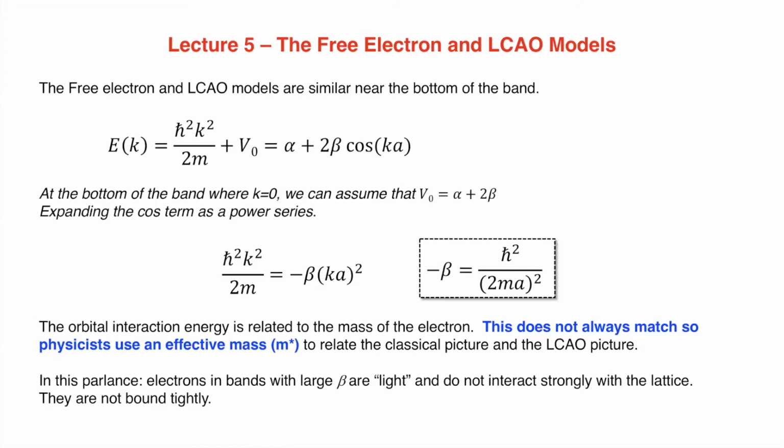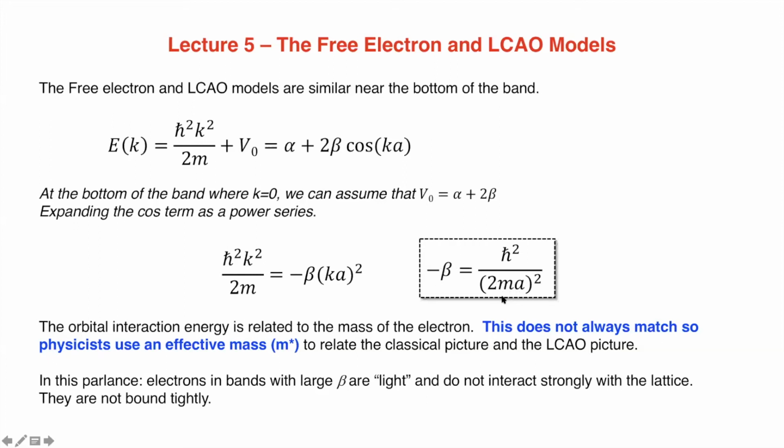That took me a little while to wrap my head around. We're going to talk about this in a little bit more depth to see how physicists use this language to describe beta. And physicists spend a lot of time talking about effective mass, which is actually m star. And m star is a fudge factor because this equation doesn't really work very well. If you just plug in the mass of the electron here, what you'll find is that that's not really beta.